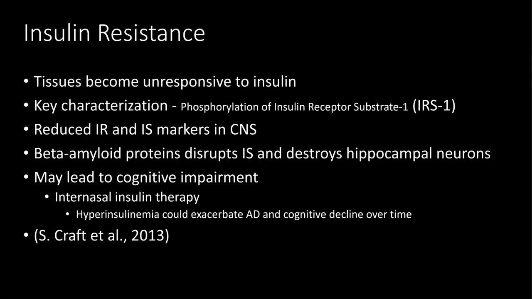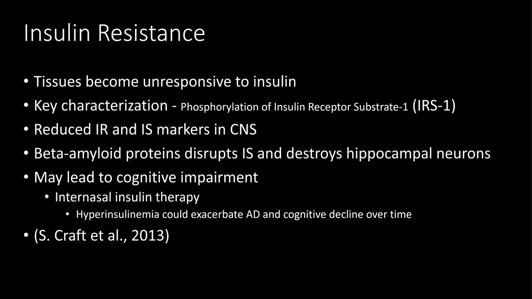Now, let's talk about what insulin resistance is. Insulin resistance is when the tissues in the body become unresponsive to insulin. A key characterization of insulin resistance is the phosphorylation of insulin receptor substrate 1.